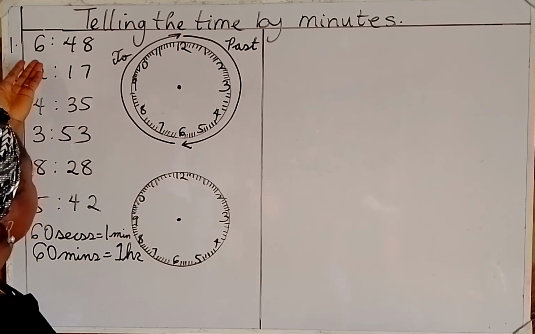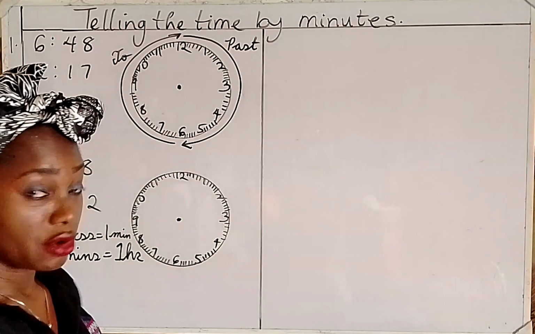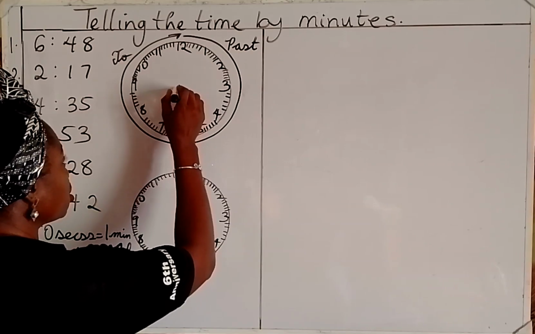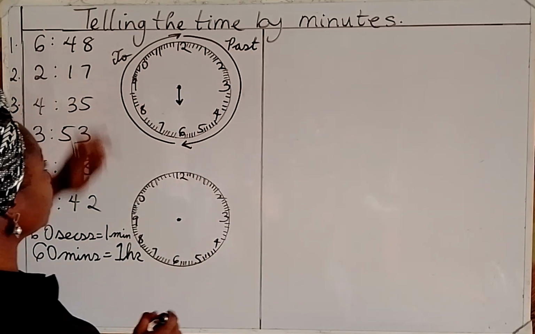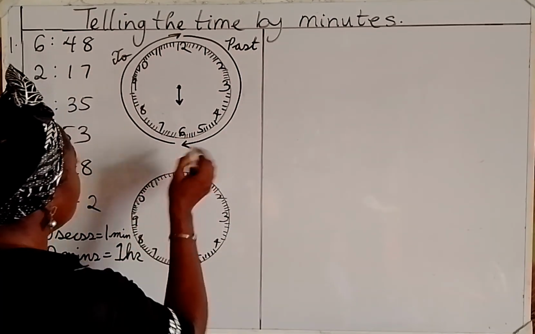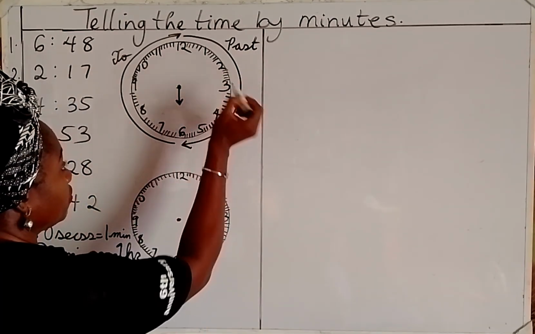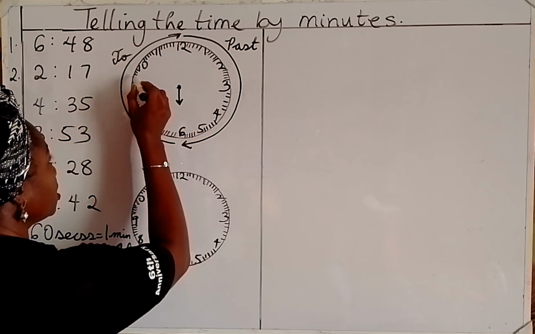Now, how do we determine 6:48? The 6 is the hour, right? The hour hand is the shorter hand, isn't it? So it is on 6. And then the longer hand is the minute hand, which is going to be on 48 minutes. So this is 5, 10, 15, 20, 25, 30, 35, 40, 45, 46, 47, 48.